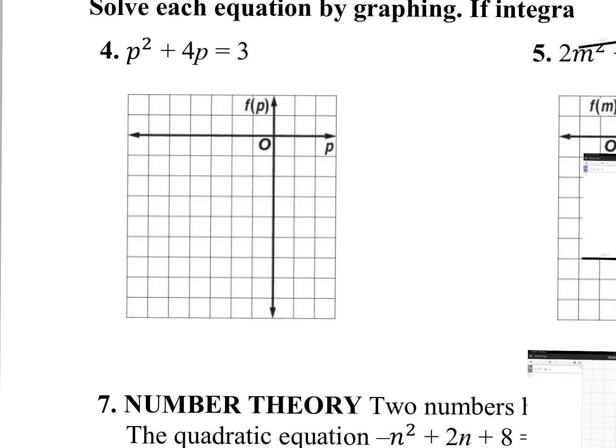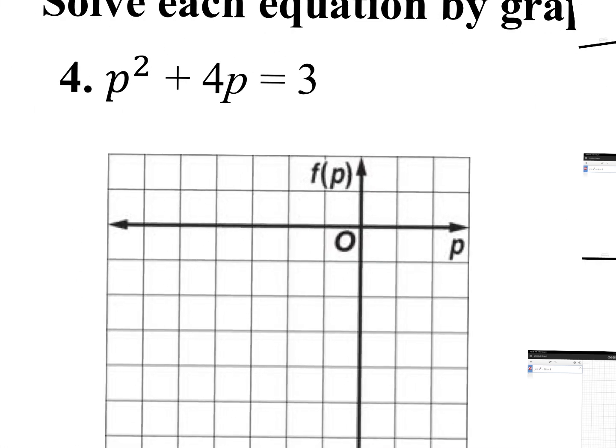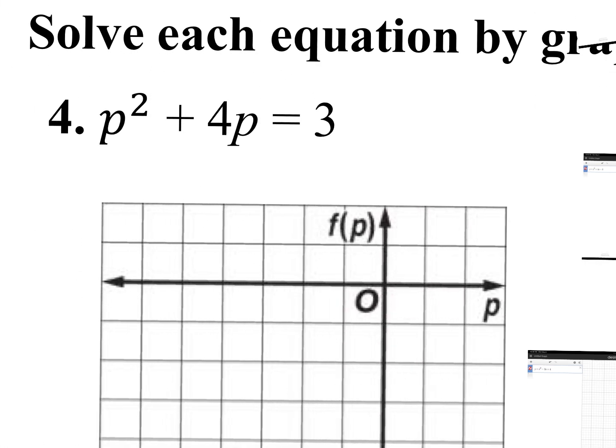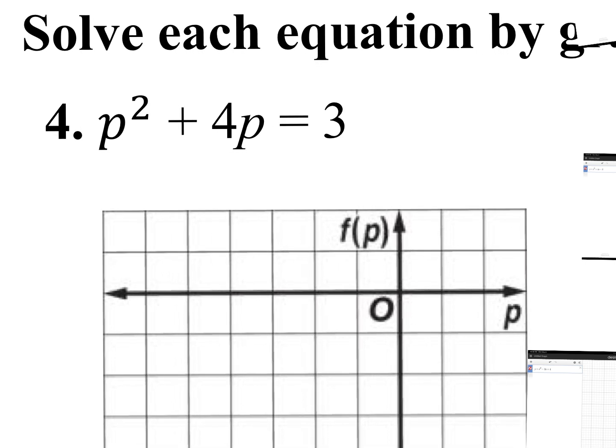So if you go through and graph this one, first of all, how would you type it into Desmos? Y equals x squared plus 4x minus 3. Perfect. The key is to first make sure that it's equal to 0. So subtract 3, and then you get this quadratic trinomial set equal to 0, but instead of equal to 0, put y equals in front of it.